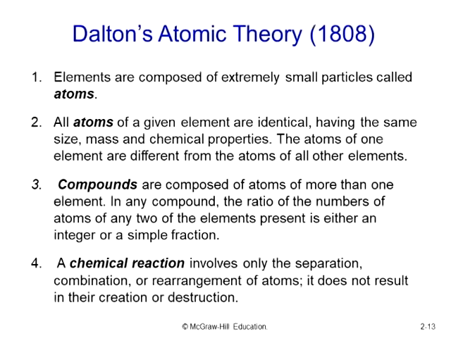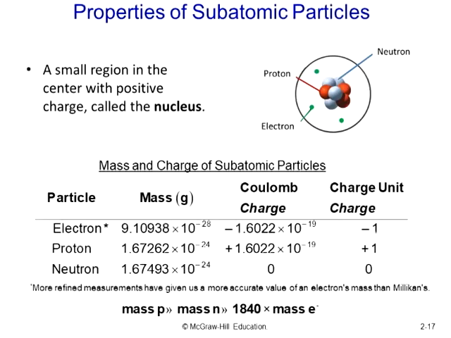The bottom line is the Dalton theory allowed us to understand that there are protons, neutrons, and electrons that make up subatomic particles that are combined to give us the atom. Protons and neutrons form the nucleus, which contains a positive center.